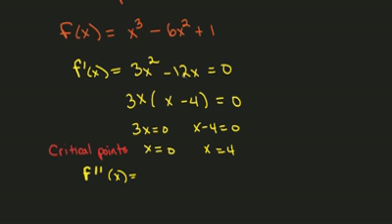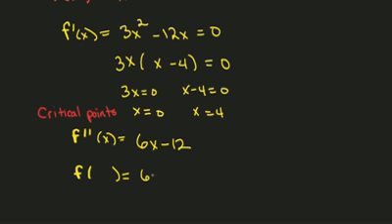So the second derivative is 6x minus 12. Now if I plug in 4, you get 6 times 4 minus 12, and that's going to give me 24 minus 12, which is 12, which is greater than 0.